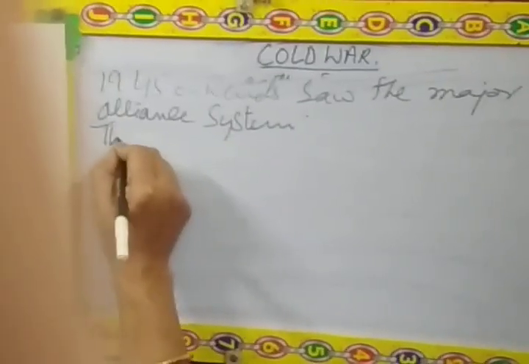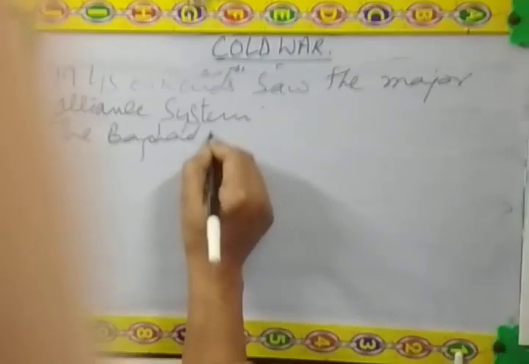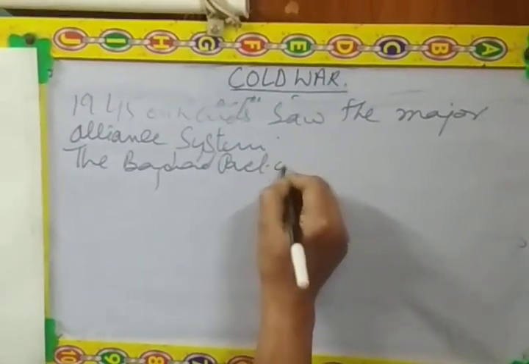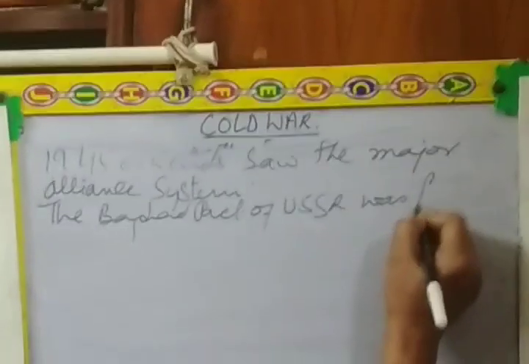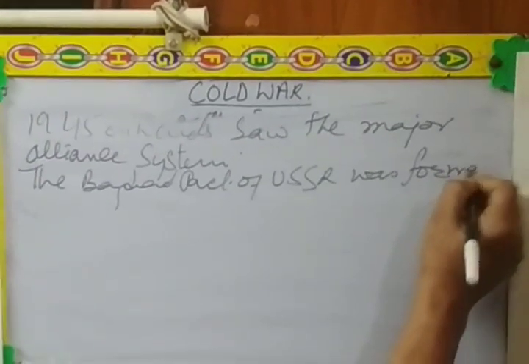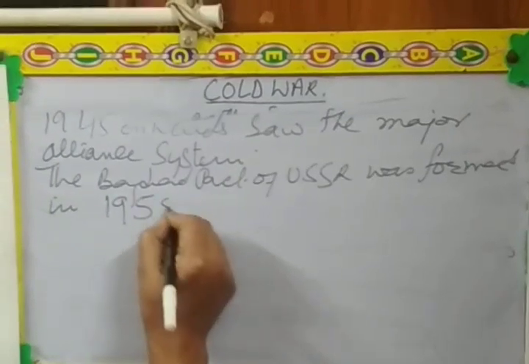The Baghdad Pact of USSR was formed in 1955.